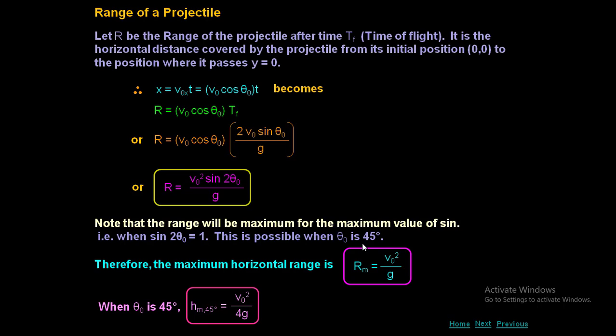When theta is 45 degree, maximum height becomes v naught square by 4g. You substitute the value in the equation, and we get v naught square by 4g. And range Rm is equal to 4 times Hm, that is maximum height. So the range is equal to 4 times the maximum height.